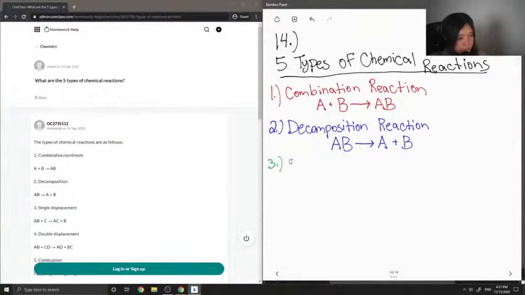You could have a single displacement reaction. So it can also go by replacement. Displacement slash replacement reaction.